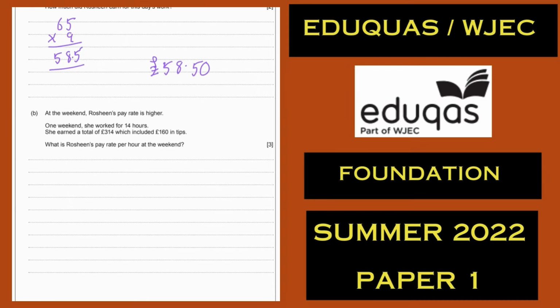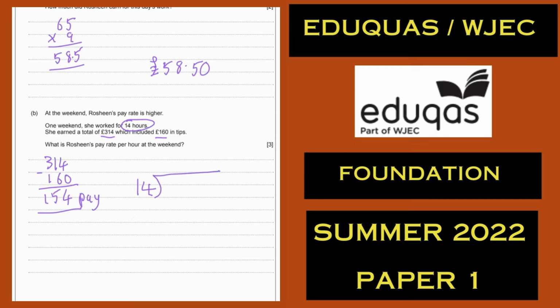Part B, the pay's higher at weekends. She earns a total of 314, including tips. So I'm going to do column subtraction. You could do add-on, it doesn't matter. Again, however you get to £154, that's her actual pay. Doesn't include tips. She's getting so much per hour for 14 hours.